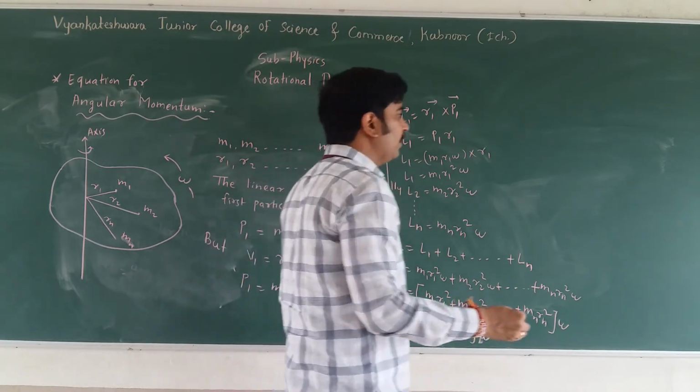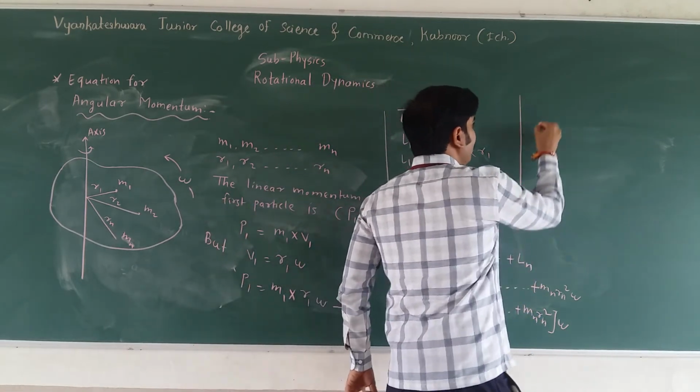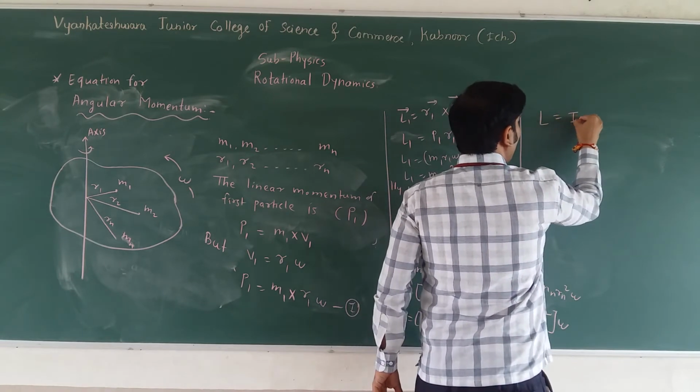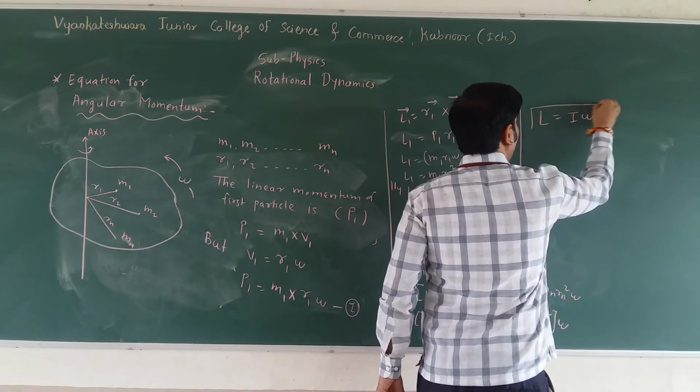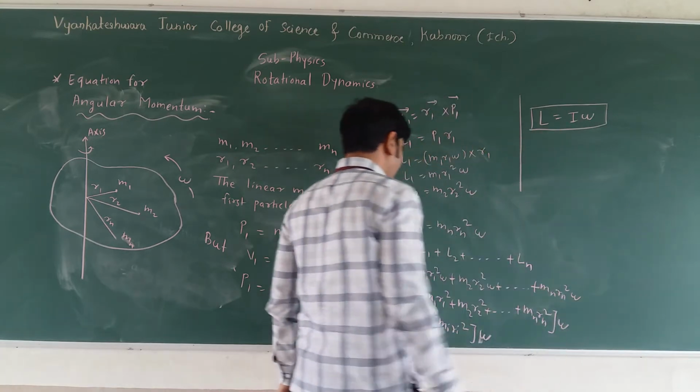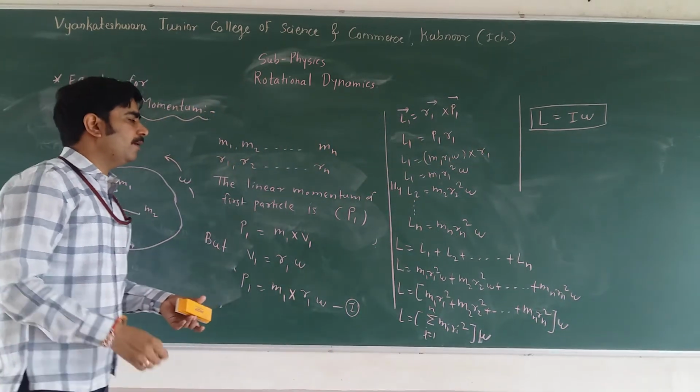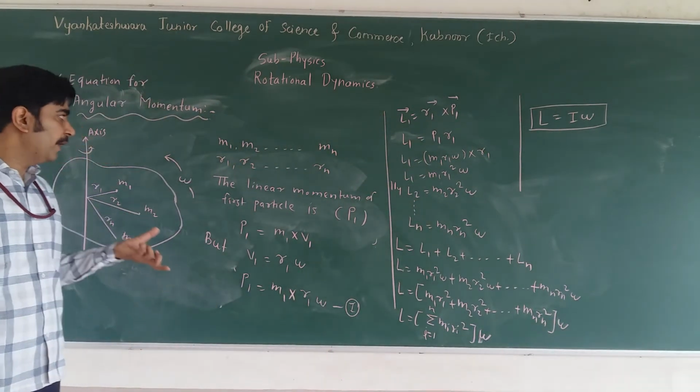This is nothing but the moment of inertia. So L is equal to I omega. This is the equation for angular momentum of the particle.